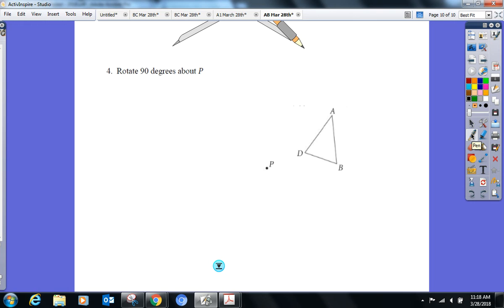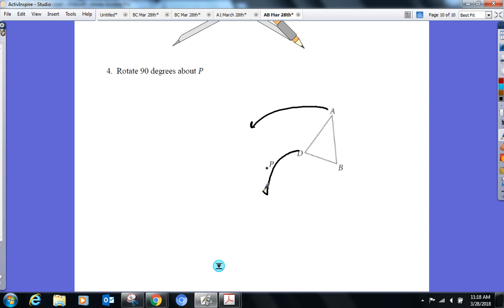All right, again, before you start tomorrow, think about where this thing should end up. 90 degrees, it tells me in which direction? Counterclockwise. So I need A to be over here, D to be over here, B to be over here. Start thinking about where this should end up. Everything should be counterclockwise direction.